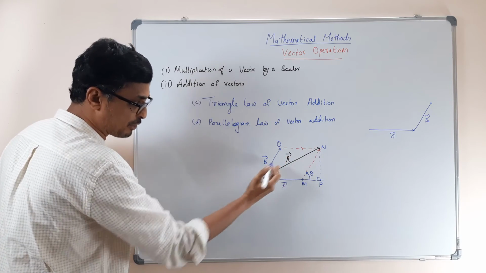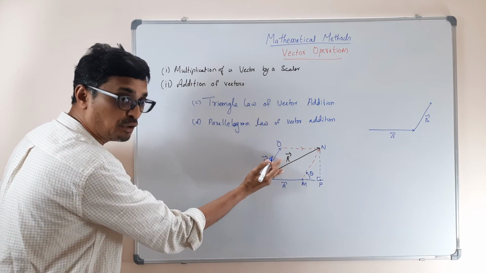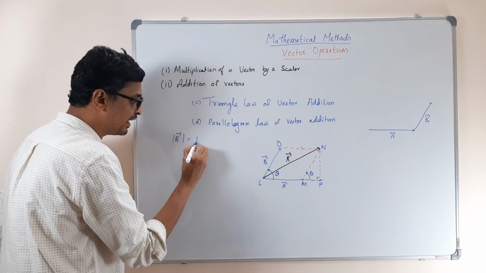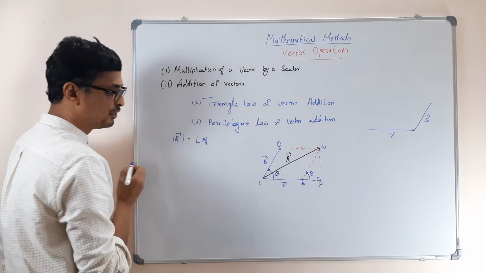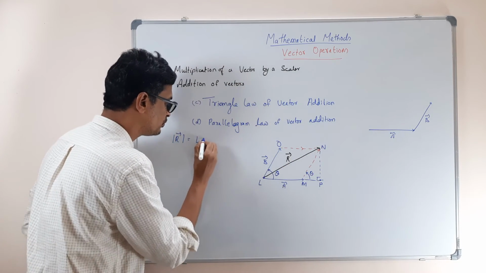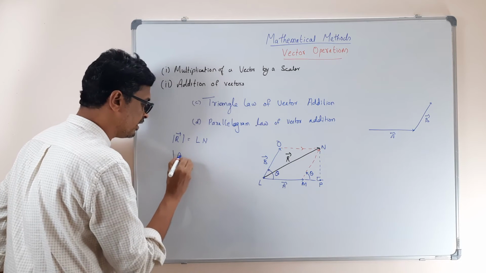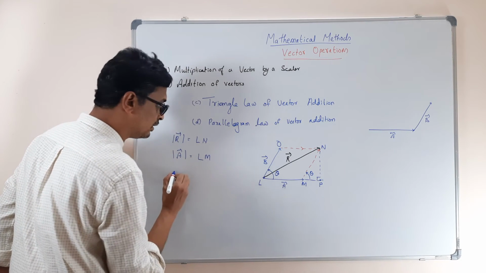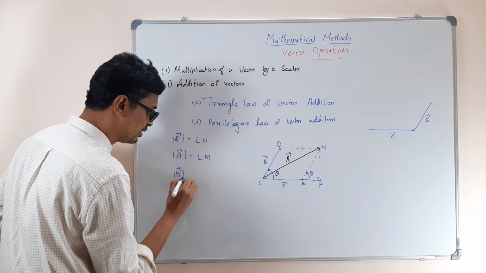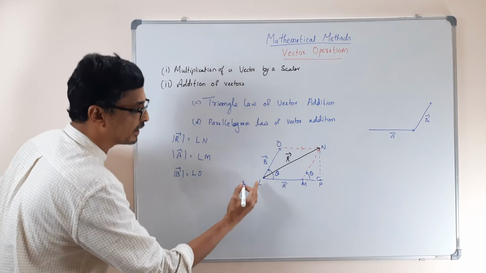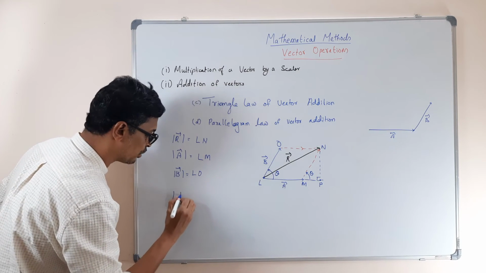LN is the magnitude we want to find out; the magnitude of R is equal to LN. Let me write all the magnitudes first. The magnitude of vector A is LM, and the magnitude of vector B is LO. Now, LN square, Pythagoras theorem.